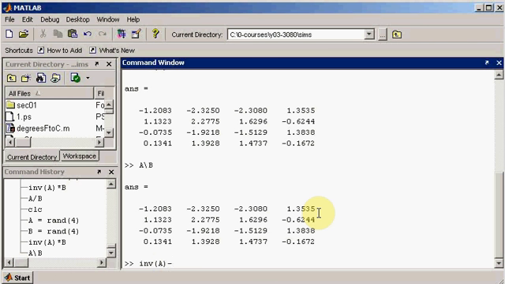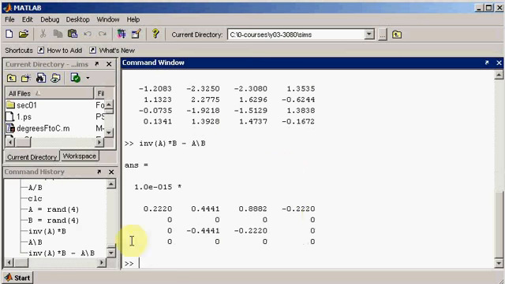So inv(A) times B minus A backslash B, right? And you see a matrix filled with numbers that are extremely small. These are all very close to zero. In other words, these are giving us virtually the same result there. So this backslash operator is operating in the way that we expect.